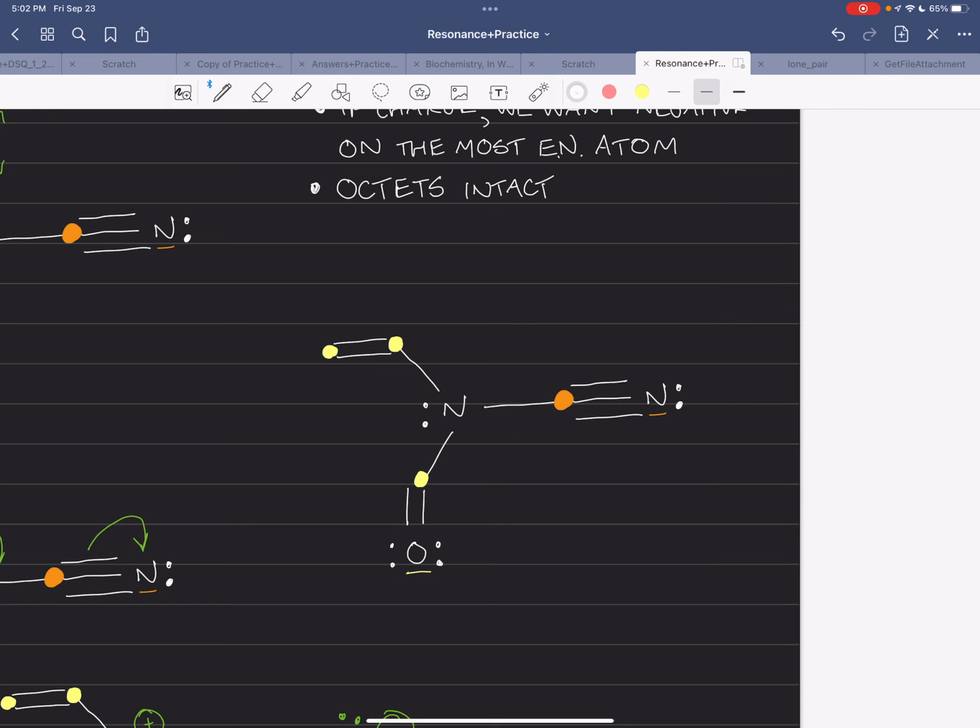Let's again move our lone pair towards either an sp2 or an sp3 carbon.